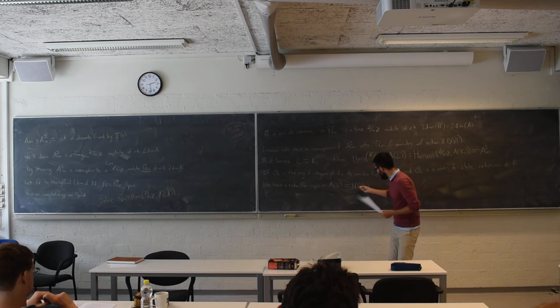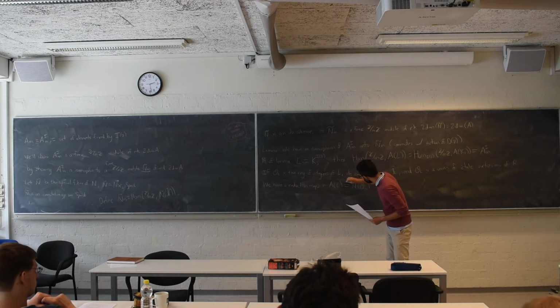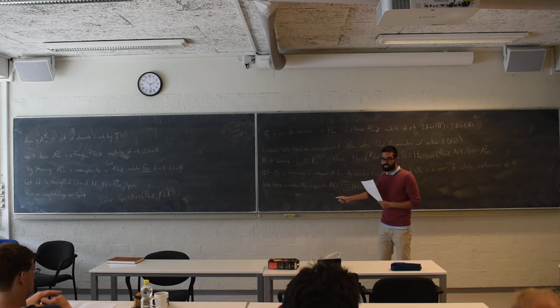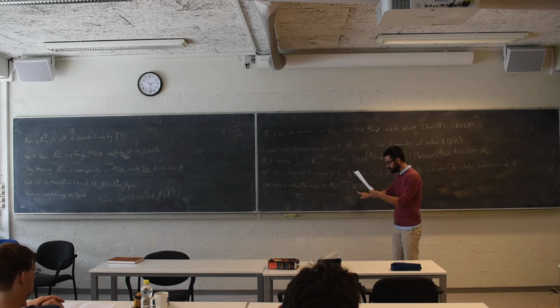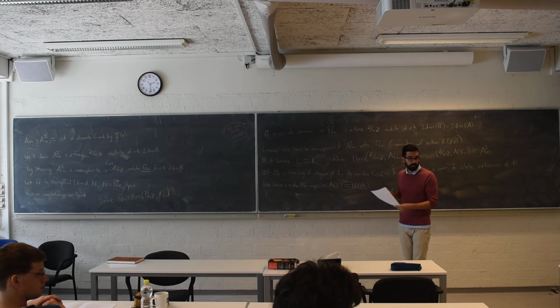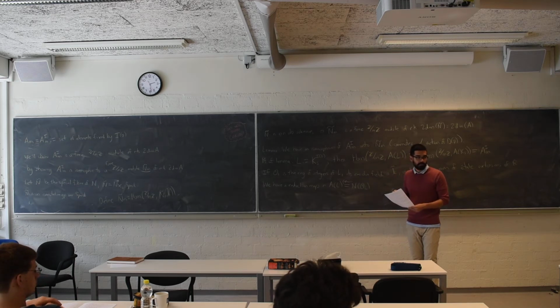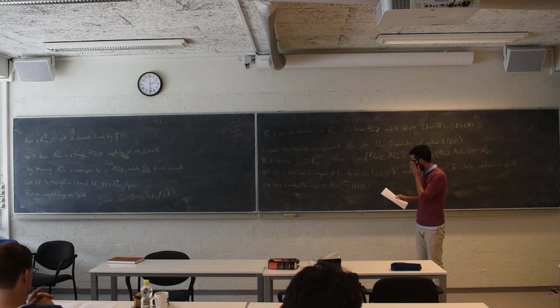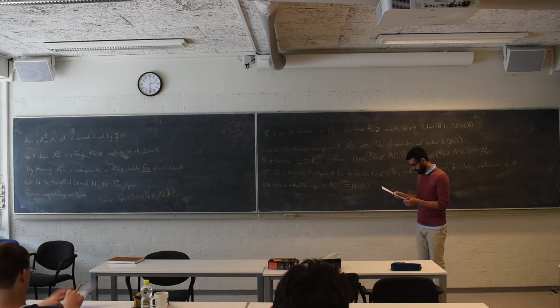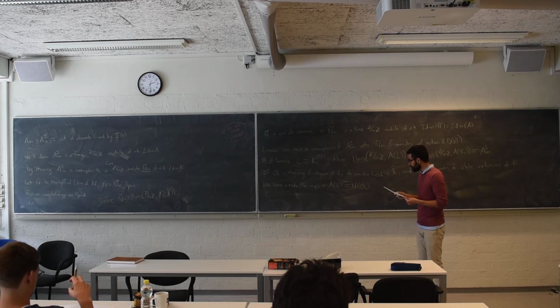Remember, by the Néron mapping property, we have a surjection this way, but it's also an injection because N is separated. The Néron mapping property says there is a unique extension, so it automatically gives a bijection.